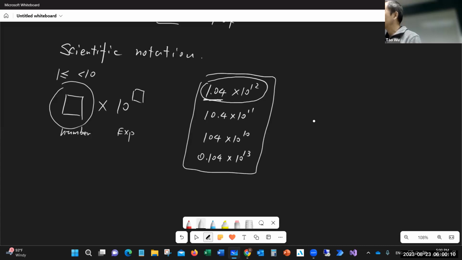That is the range for the number part. If you have a number bigger than 10, it does not count as scientific notation. It's a number, but not in scientific notation. Are you clear? Very important. So only this one is scientific notation because this number is between 1 and 10.